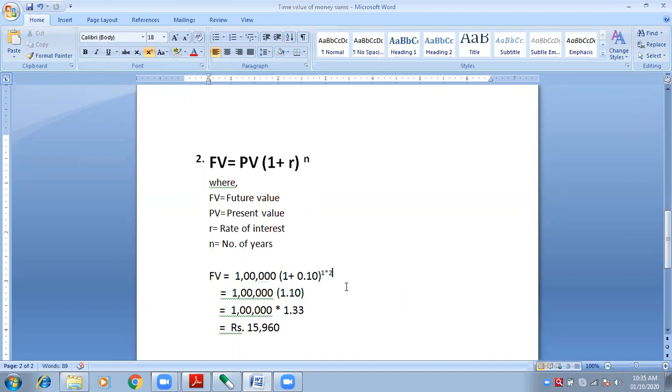See, 1 into 2, outside the bracket we have to write raised to 1 into 2. After the bracket we write 1, which means 1 year. But it is compounded half yearly, therefore double. If we convert it into whole yearly, it will become double.